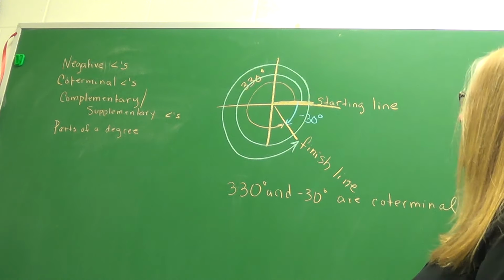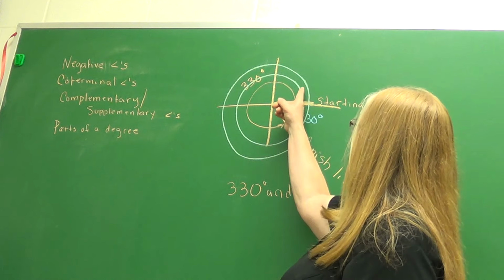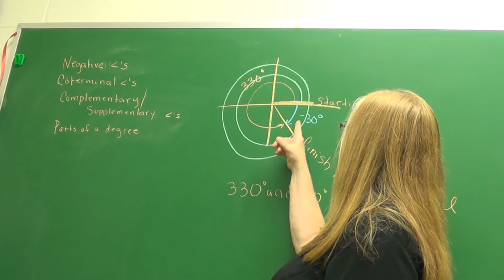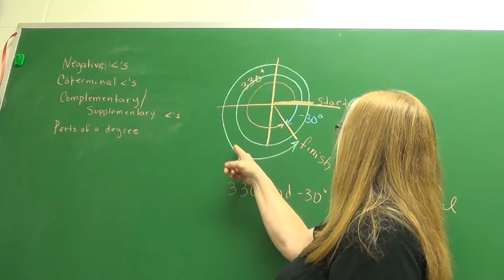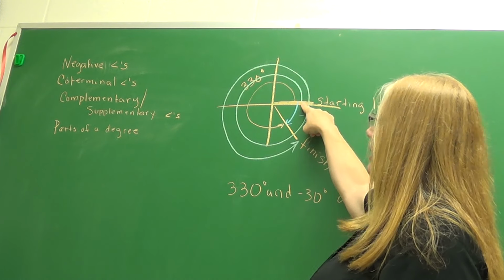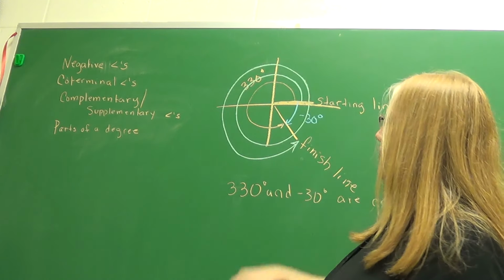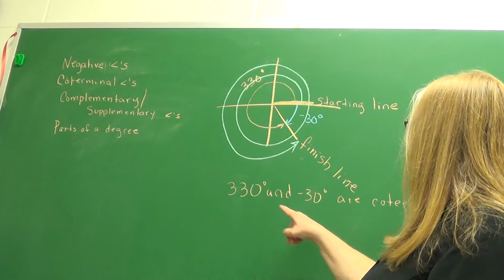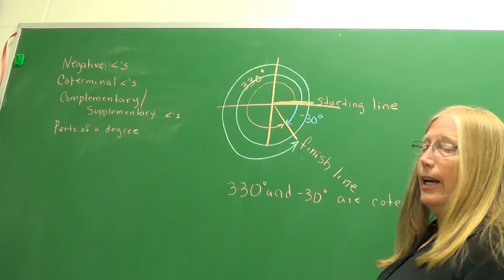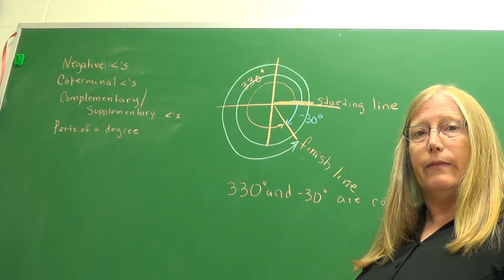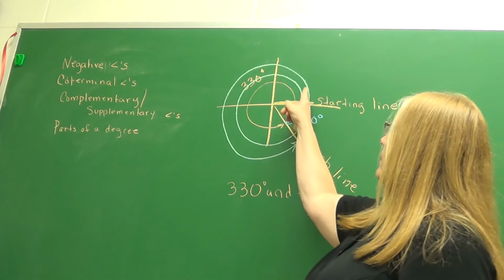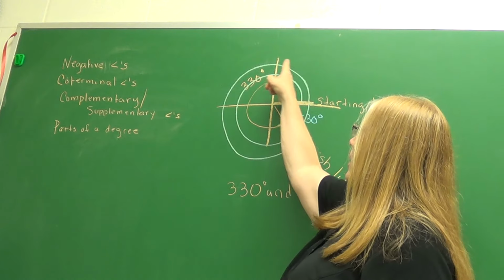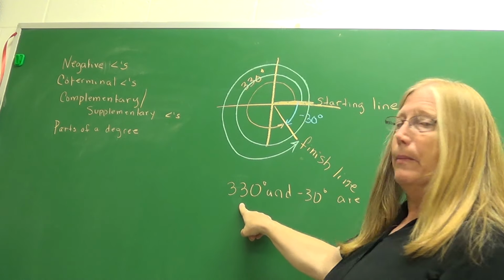Alright, so the green, if it showed up green, we started here, we went around once, and then all the way around. And did we not start at the same spot and end at the same spot? It's another example of a coterminal angle. How could I get the value for that? Well, was it positive or negative? It went counterclockwise, so we know it's a positive number.